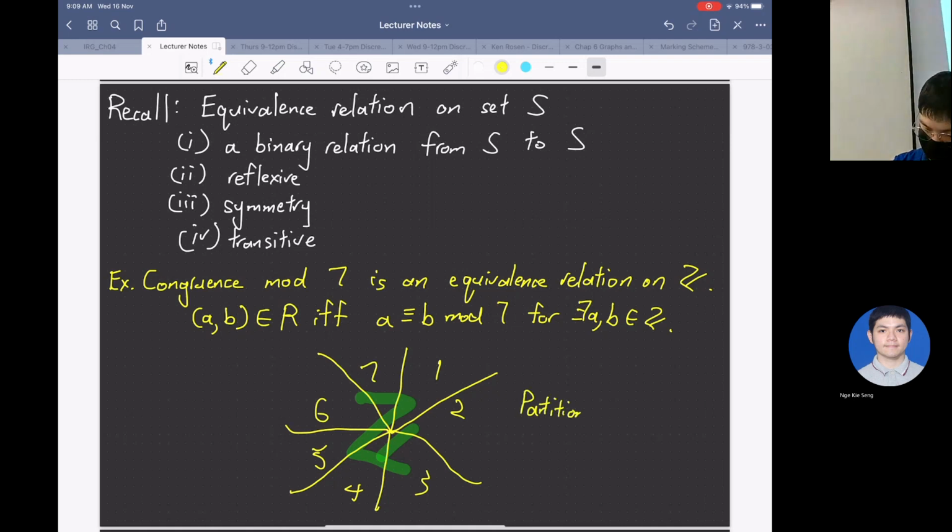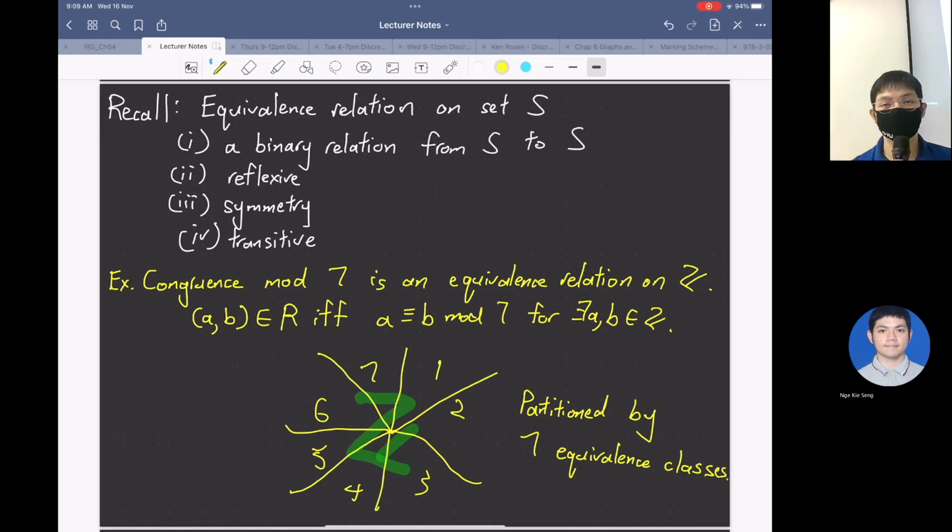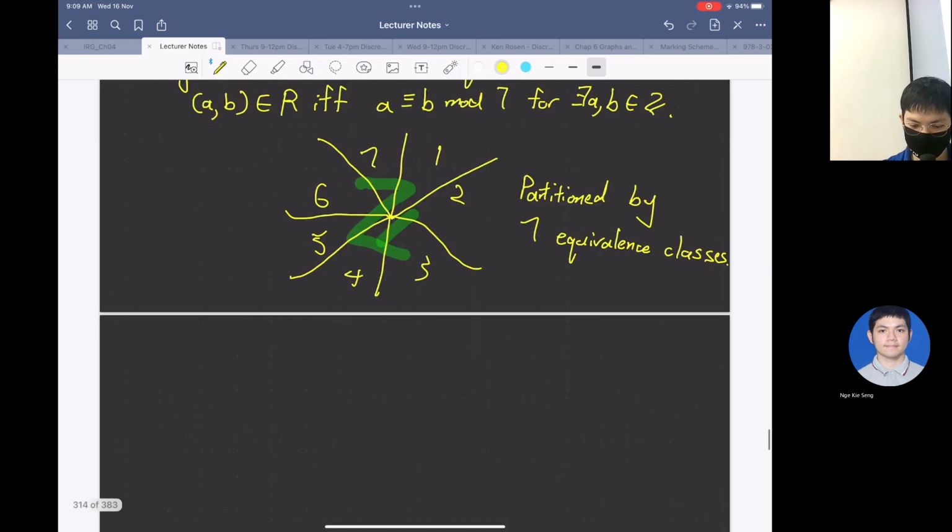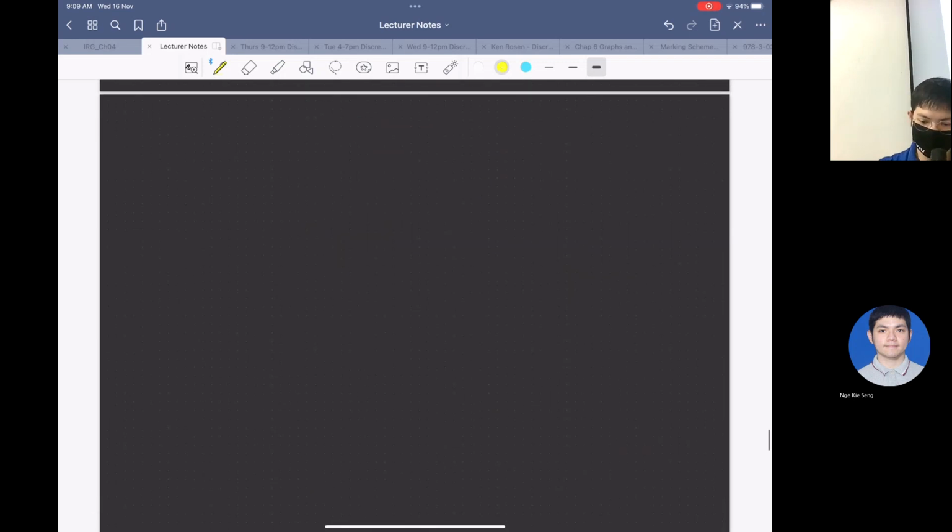Meaning every element in Z belongs to one of the equivalence classes. So we will make this idea precise today.